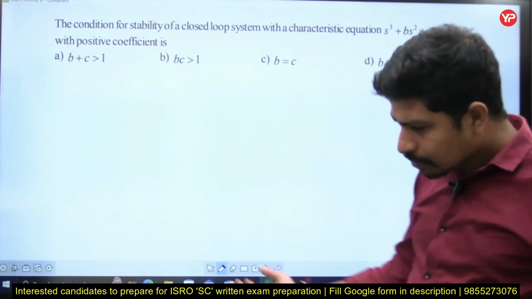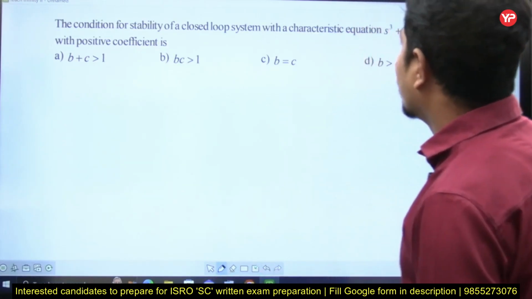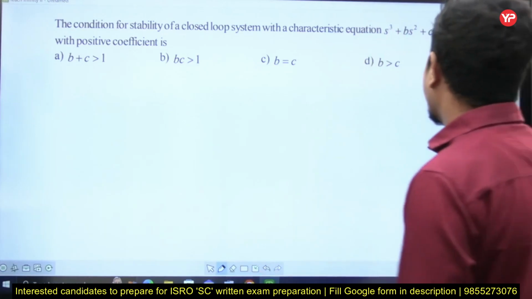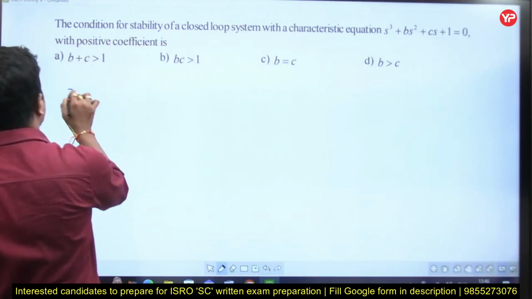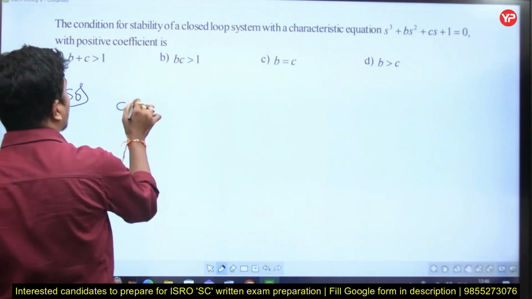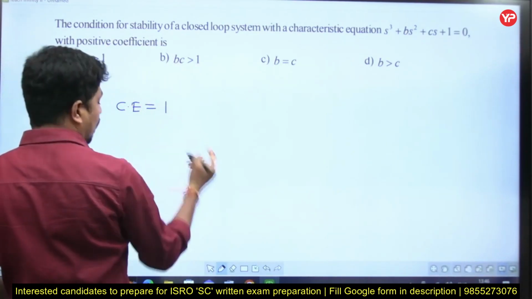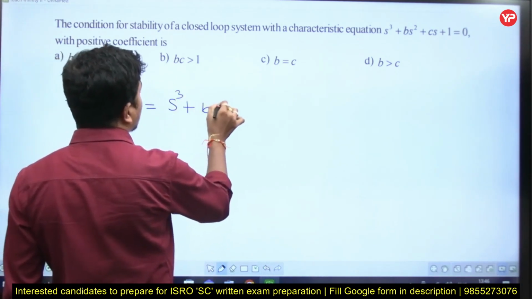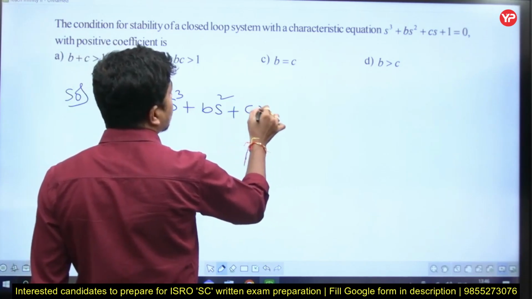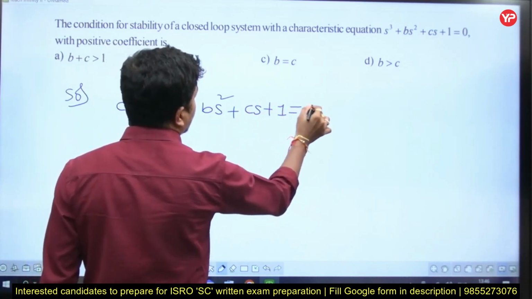The condition for stability of a closed loop system with a characteristic equation. Let's write the characteristic equation: S cube plus B S square plus C S plus 1 is equal to 0.